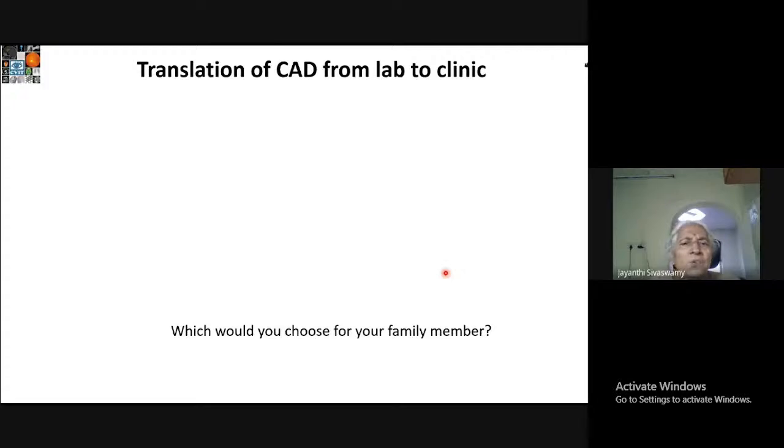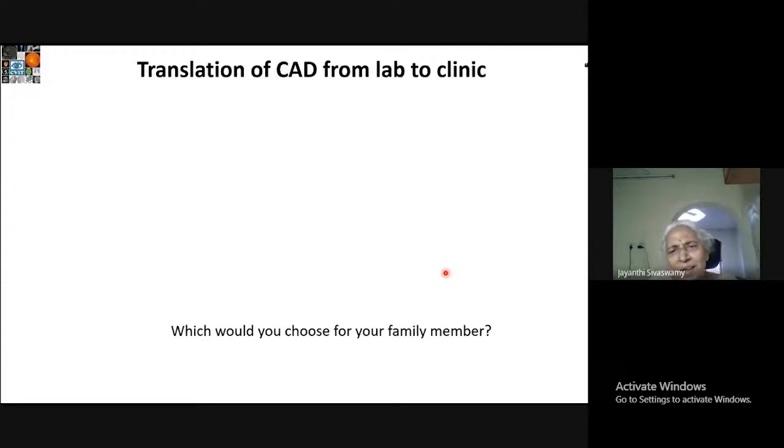Now you ask yourself, which one would you choose for your family member? Let's say it is your sister and something is wrong, so they took an image, and you have these 2 options.